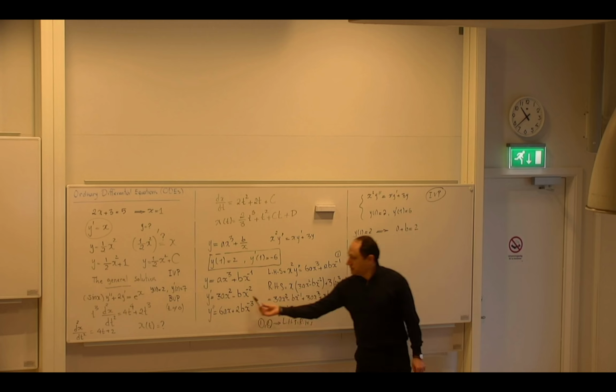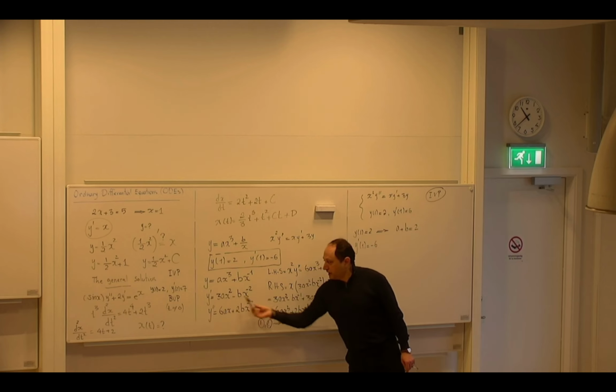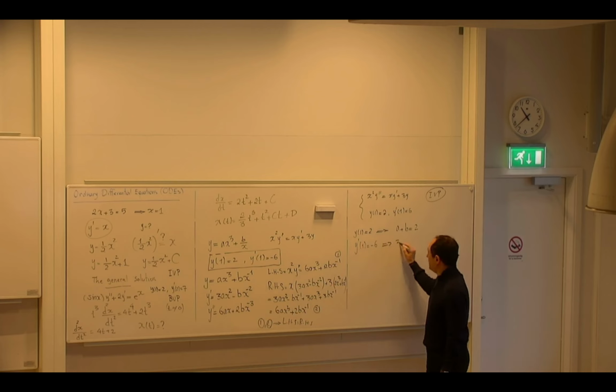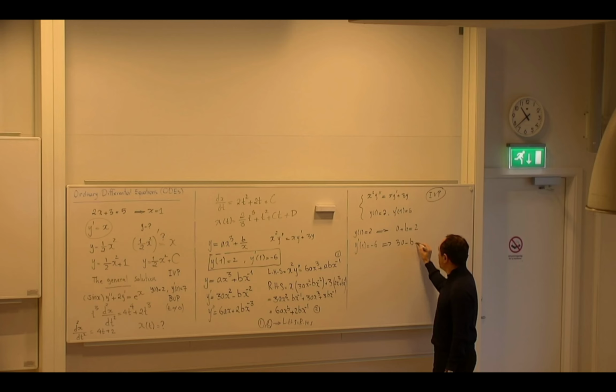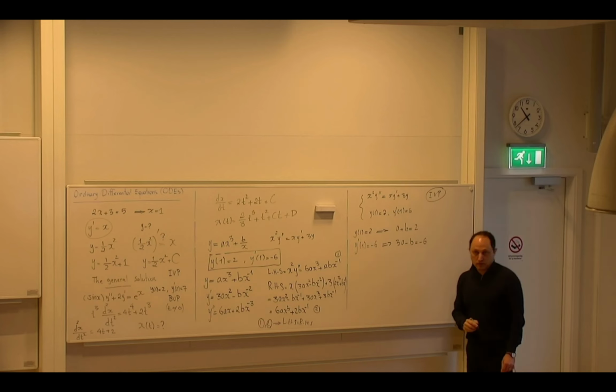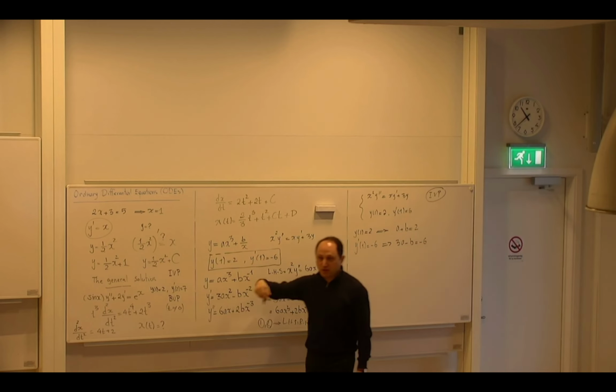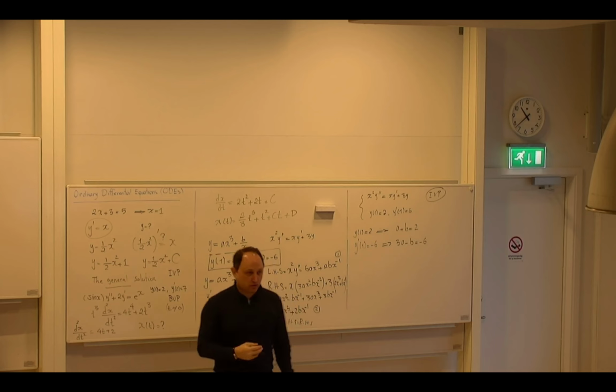So if I go to y prime and replace x with 1, I will get 3a minus b, the answer is minus 6. Okay? And then I don't want to continue because this is simple. You find a and b. When you have found them, you put them back into this equation, and that becomes the solution of your initial value problem.